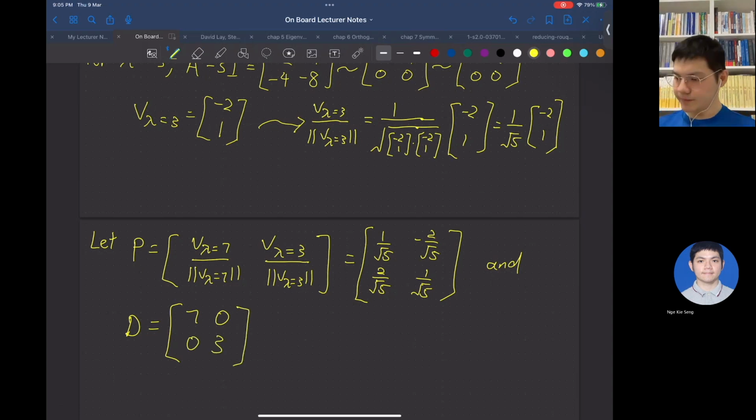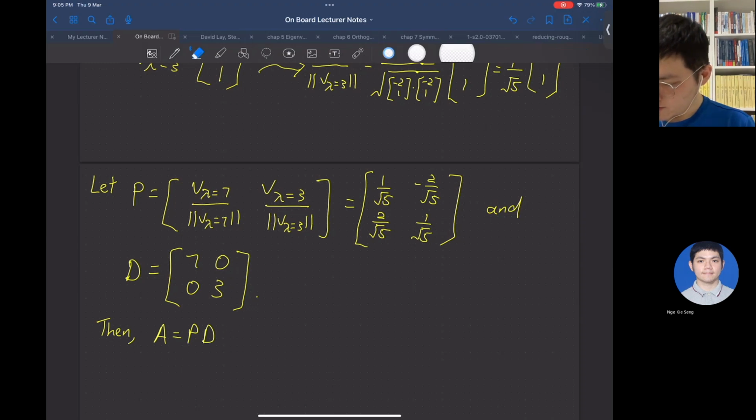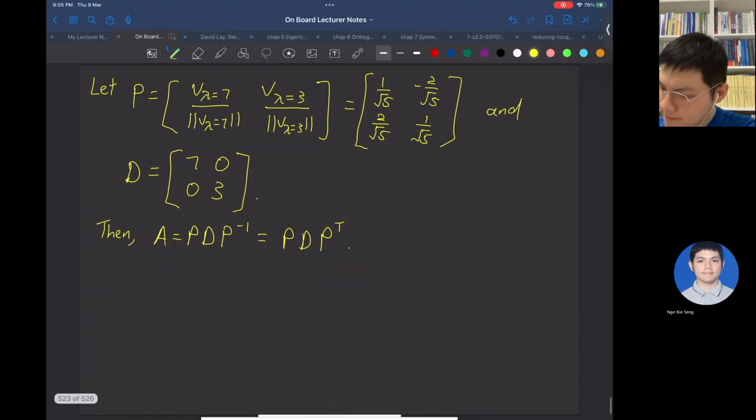All right. So then A is equal to PD P inverse, or equivalently PD P transpose, since P is an orthogonal matrix. Right. So in this case here, what can we do?